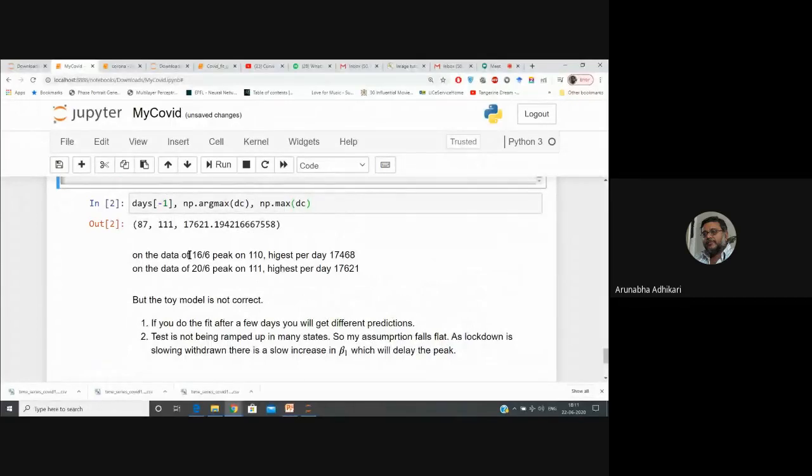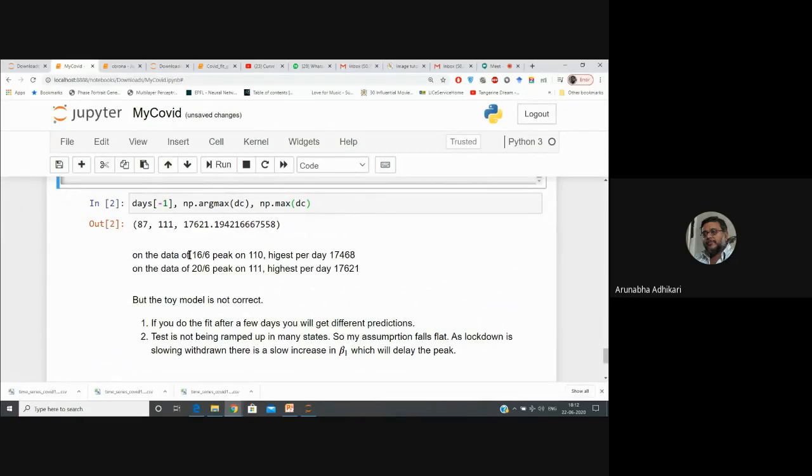It's not very far: 13 plus 11 is something like 24 days. After 24 days, we're going to see the peak, and the peak value is 17691.